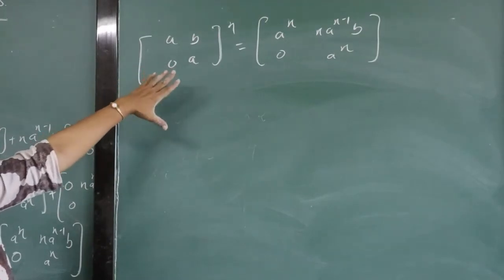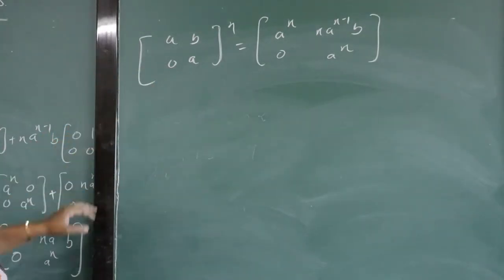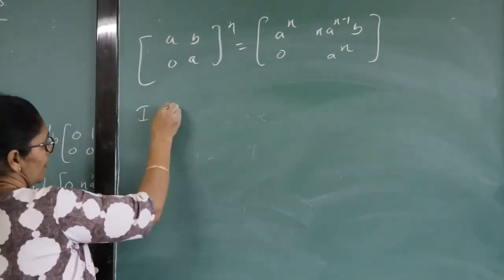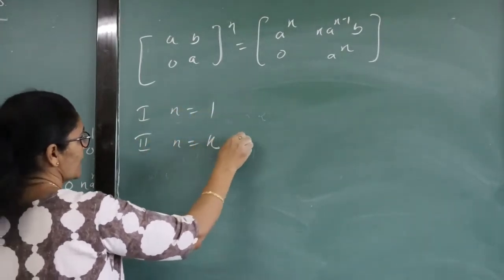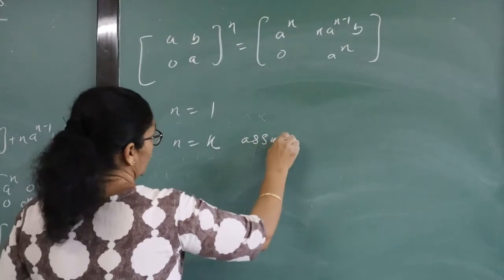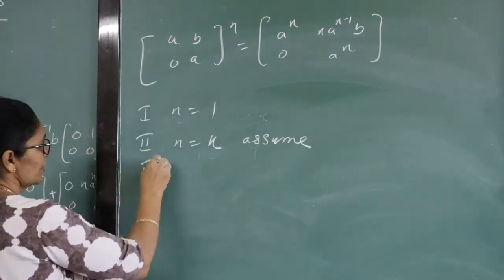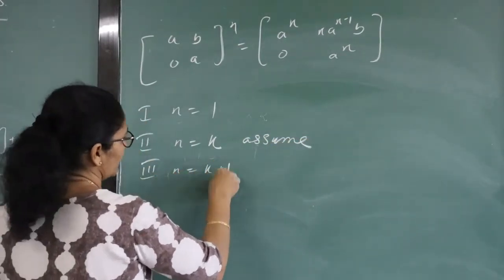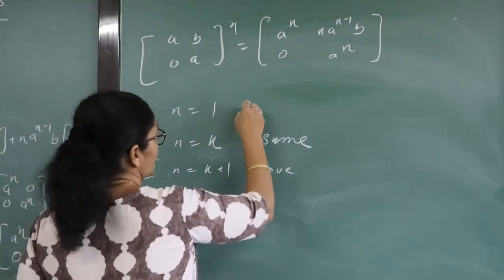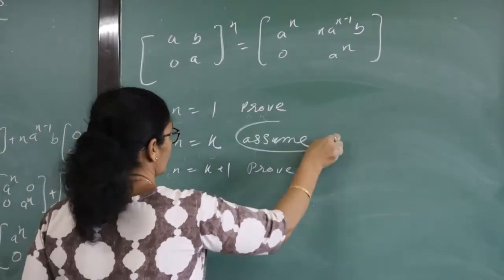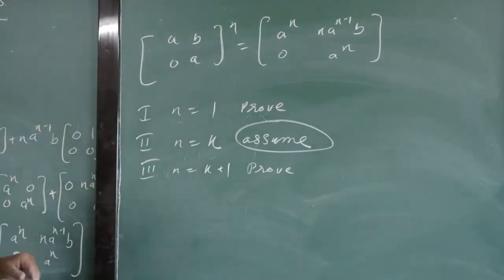Up to this point, it's new for you; the rest of the procedure is the same. First step, you have to prove for n equal to 1. Second step, you assume it for k, and third step, you prove it for k plus 1. This first one you have to prove, and this one will be assumed.